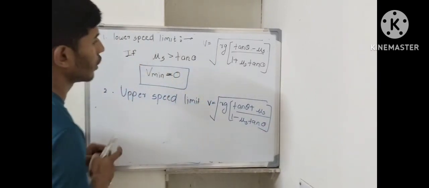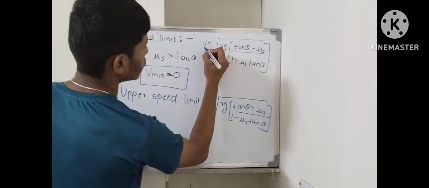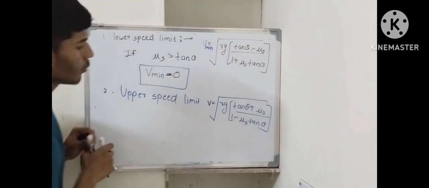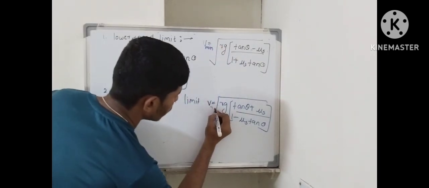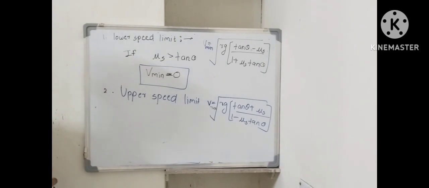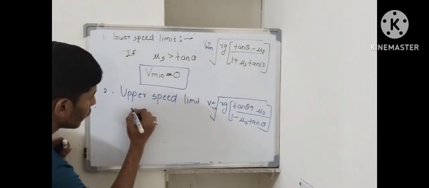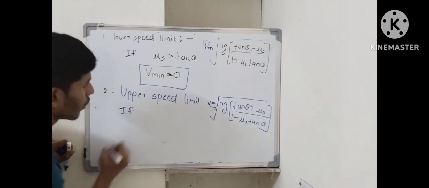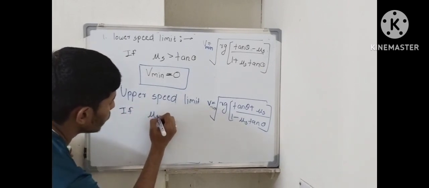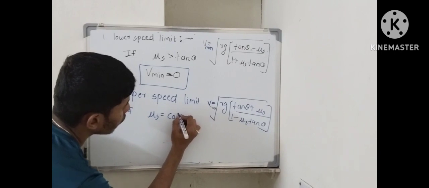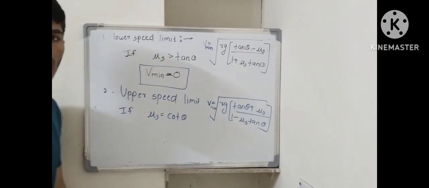Now, this was minimum and this was maximum. Understand? यहाँ पे केस क्या बनती है कि if mu s is equal to cot theta. अभी आपको थोड़ा मैथ्स आना चाहिए.